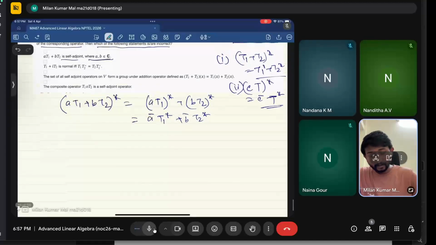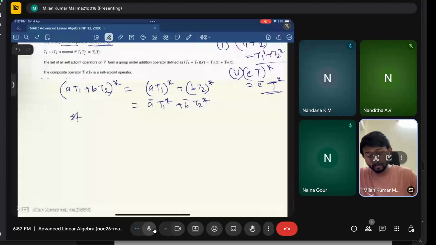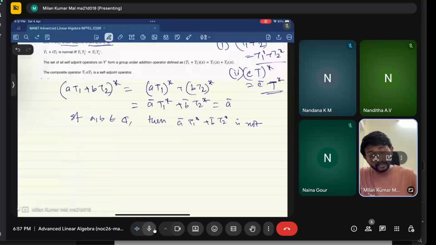So if a, b belong to the complex numbers, then a bar T1 star plus b bar T2 star, we can write it as a bar T1 plus b bar T2 because T1 and T2 are self-adjoint, so T1 star equals T1 and T2 star equals T2.